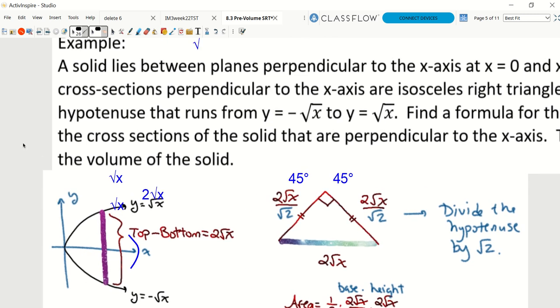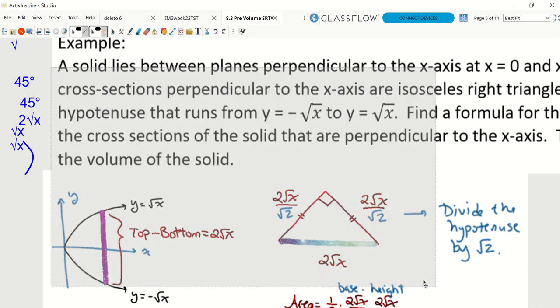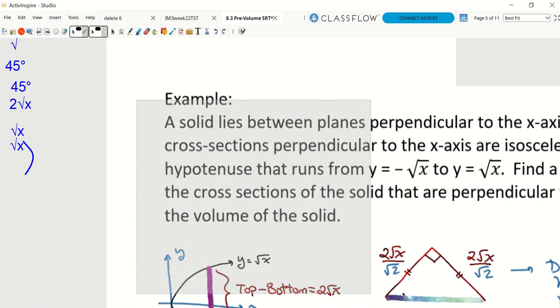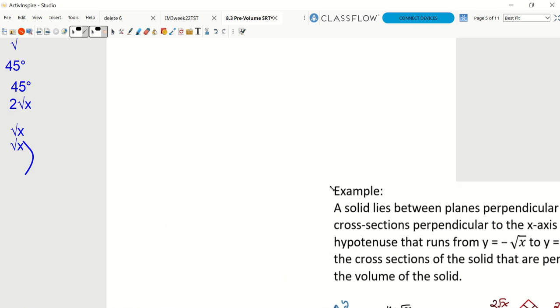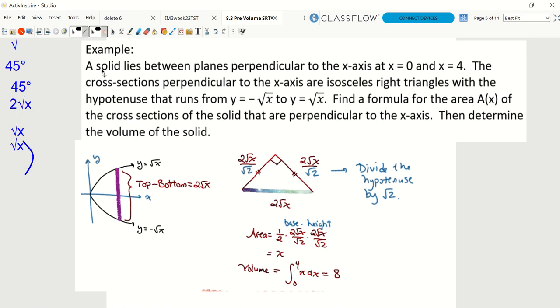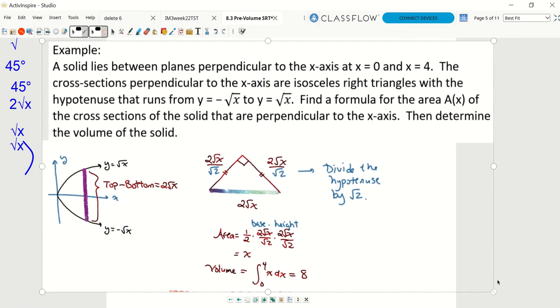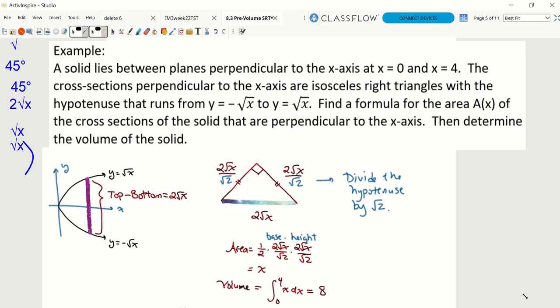Let's get rid of these. Okay, now, if you can't see in the back and you need to move to the front, move a little bit to the front, that's fine.